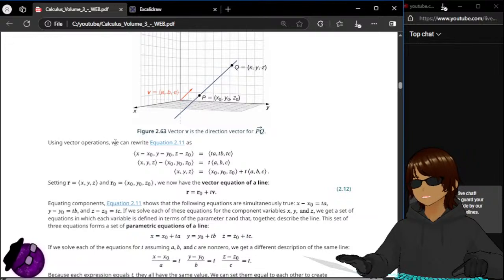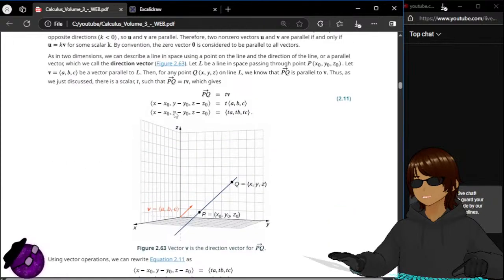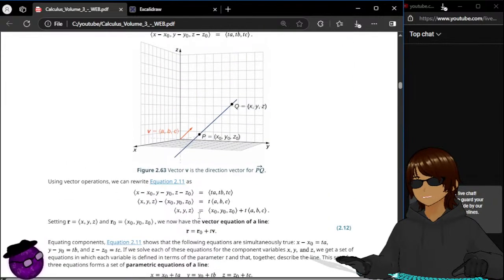Using the vector operations, we can rewrite equation 2.11, which is this, as this. So a random point xyz is point P, plus some scalar t times the vector.